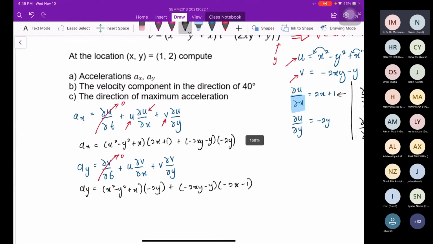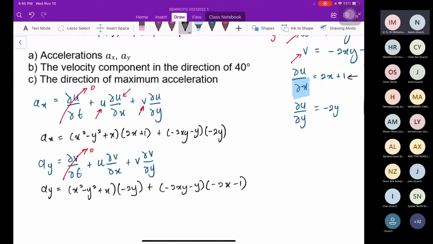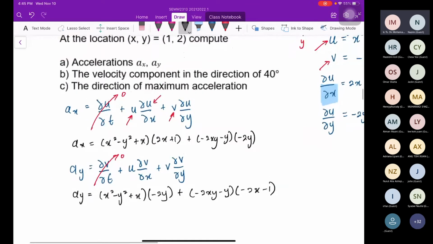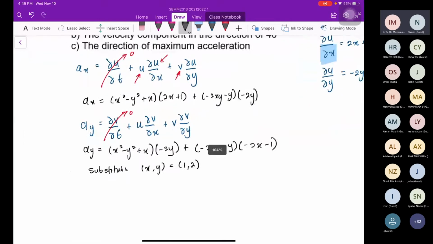Complete, finish. So finally, you need to substitute x, y basically equal to 1 and 2. Because this is the magnitude.